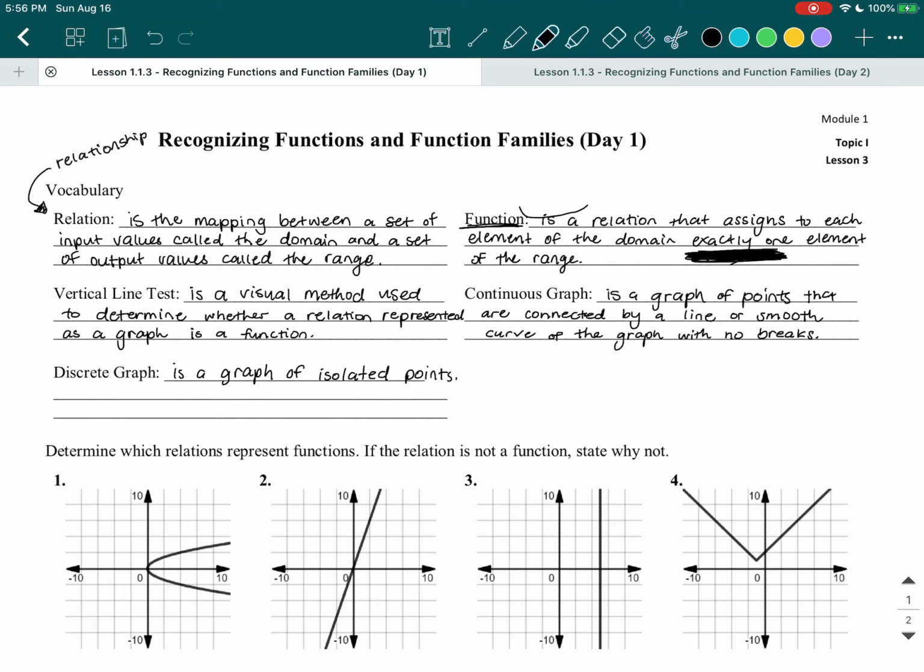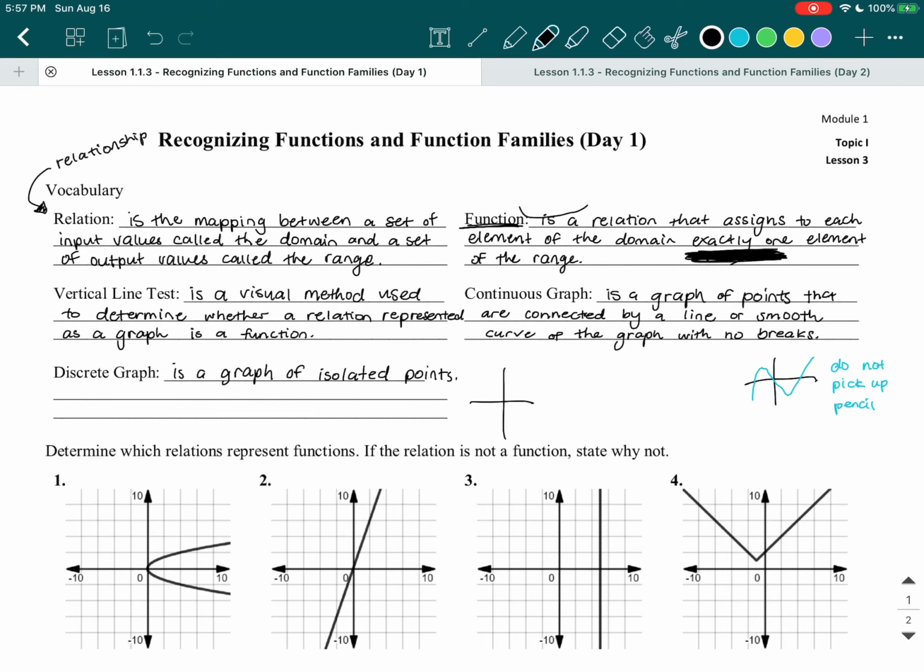Okay, and just to give you a picture representation of a continuous graph, here's your x and y axis. Here's a continuous graph, where you don't pick up your pencil. Here's continuous. Do not pick up pencil. Okay?